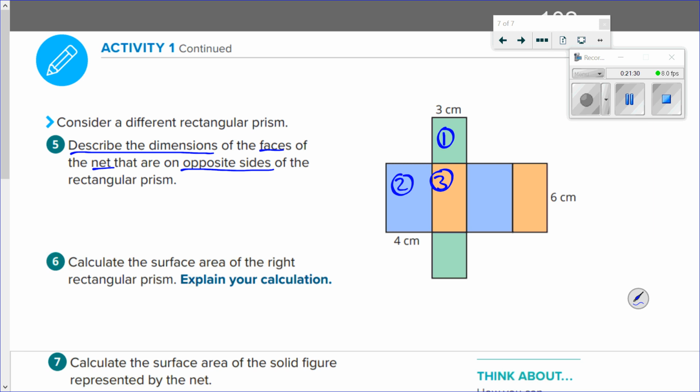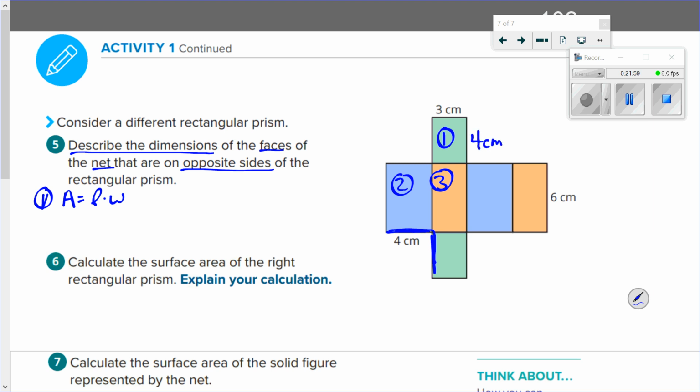To find the surface area, the area for figure 1 is length times width, but they only gave me a 3. How do I get a second measurement? I fold it. They said this is 4, but if I fold it, this side is going to match up to this side, meaning this side is also 4. So I know that this is 4 centimeters.